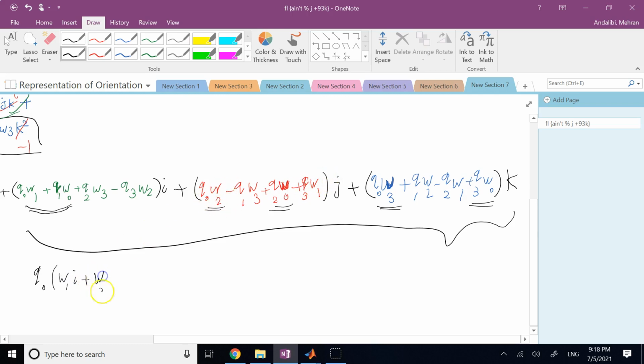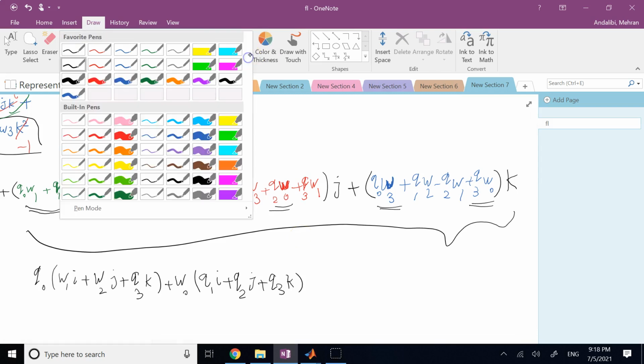W2 J plus W3 K. If you factor out the W naughts, it's going to be plus W naught times Q1 I plus Q2 J plus Q3 K. Okay, so these are those terms.